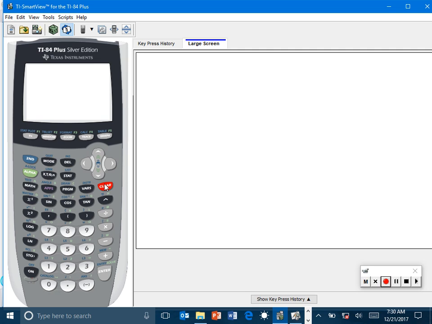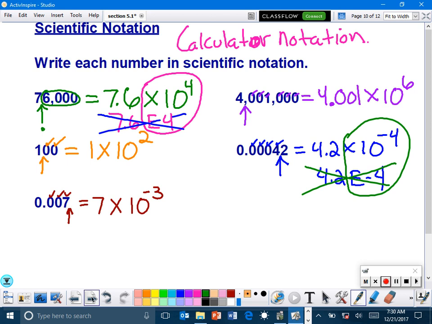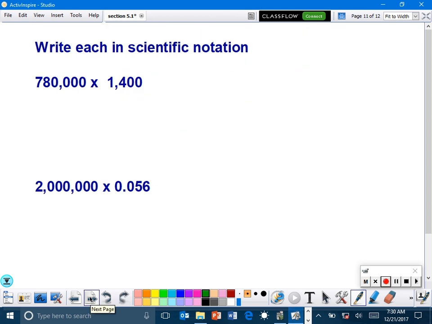Okay, moving on. Now, this next problem, you're going to have some like this on your worksheet. You can simply multiply these two together. I'm just going to multiply them like normal using the calculator in normal mode.